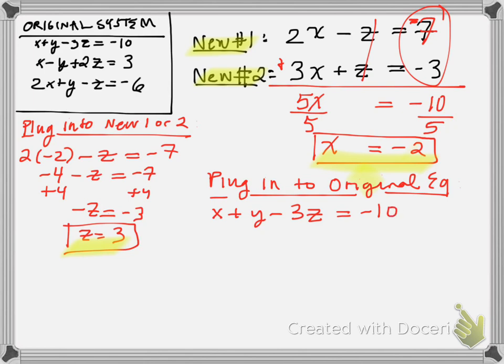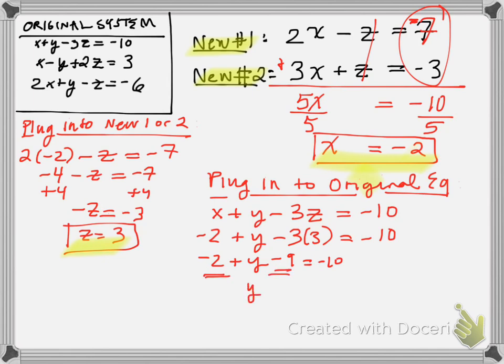So plugging in x equals negative 2 plus y minus 3 times z, which is 3, equals negative 10. So then I get negative 2 plus y minus 9 is equal to negative 10. So combining the negative 2 and the negative 9, we get y minus 11 equals negative 10, and then we can add 11, and we get y equals 1.